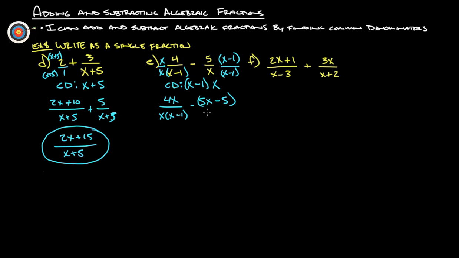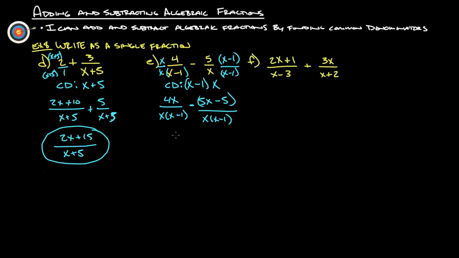And it's subtracting that whole thing all over x times x minus 1. And remember, when you're subtracting, you've got a fraction subtract, like, do you have a negative fraction? Let's say over here, you only just need to distribute the negative to either the numerator or the denominator. Usually easiest to distribute it through the numerator.